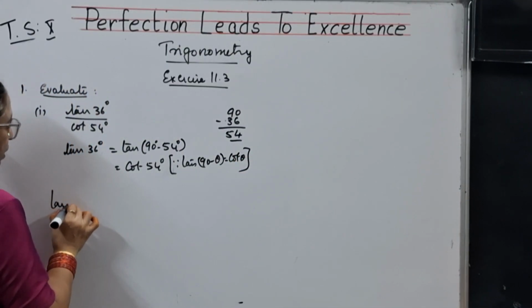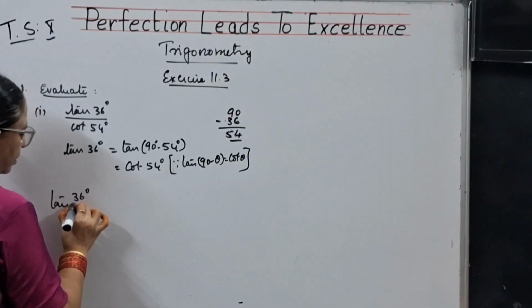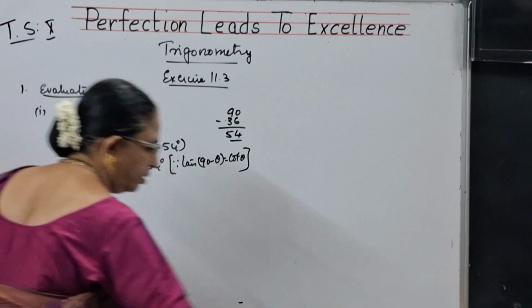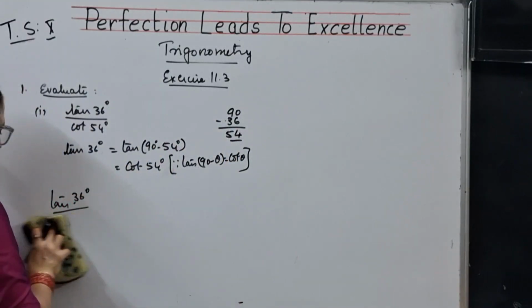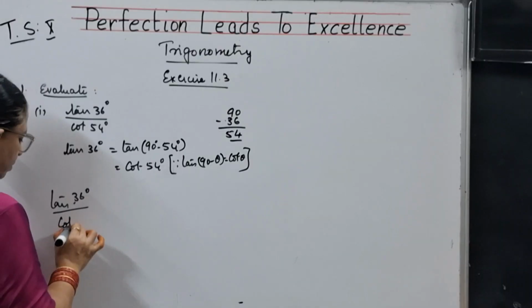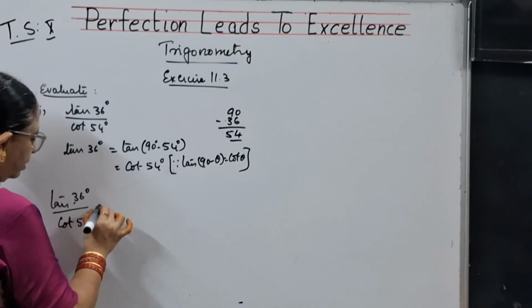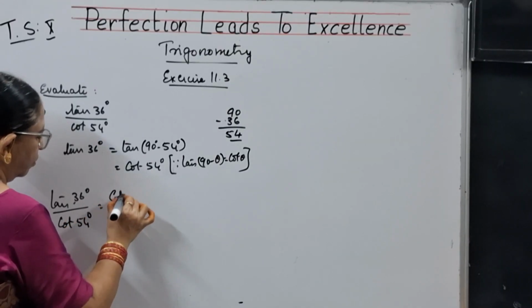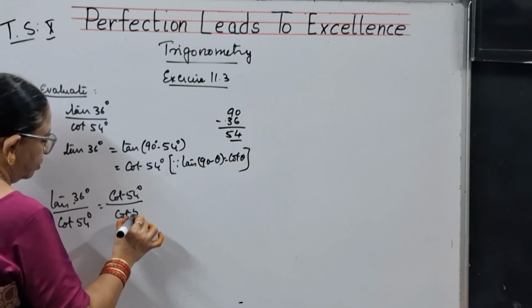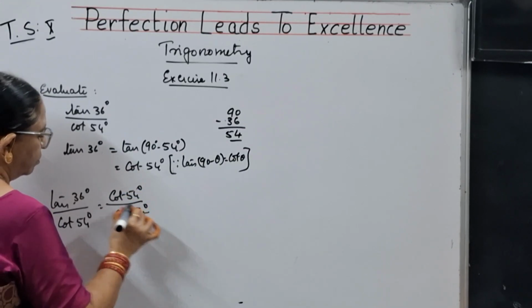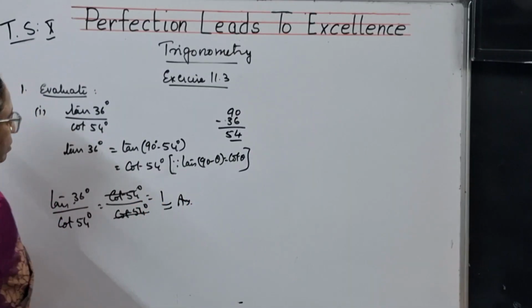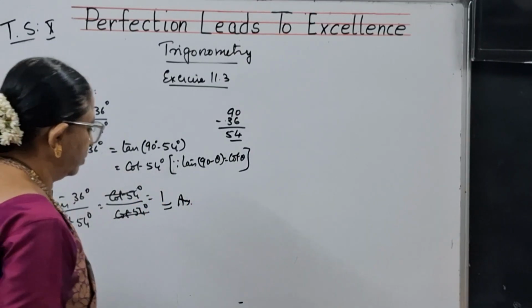So now tan 36 degrees by cot 54 degrees can be written as cot 54 degrees by cot 54 degrees. So these two will get cancelled. One is the answer. This is the answer for first bit, children.